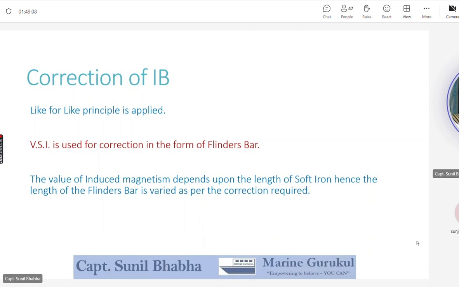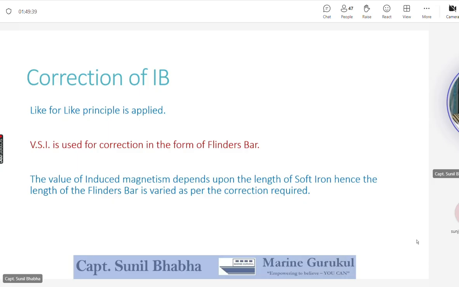Now, when we are doing a correction with permanent magnets, we can easily control the magnitude of correction by increasing or decreasing the number of magnets used. But what to do in case of a soft iron or in case of induced magnetism? The magnetism which will be induced is not in our control. It is dependent upon the magnetic field of the earth. So how can it be controlled or magnitude changed?